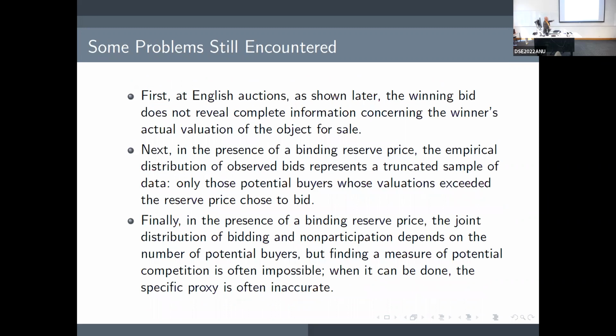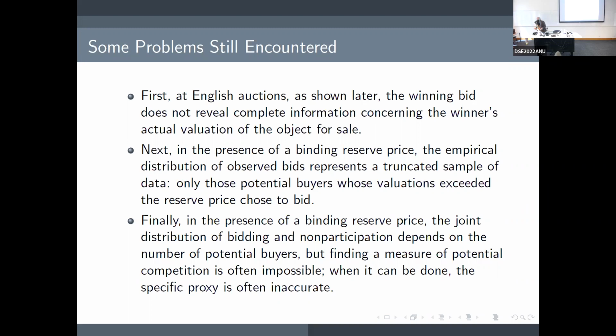So the thing about this is that in the presence of a binding reserve price, which often exists, you get endogenous participation. And the question then is, can you learn enough about that distribution from what you get to see to what you need to calculate the optimal reserve price?